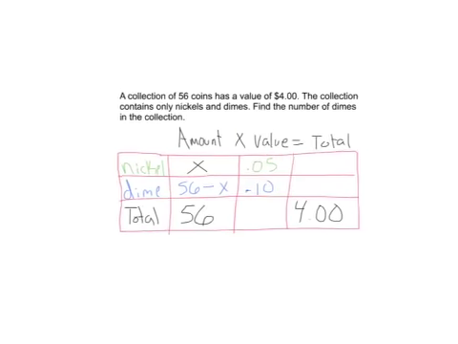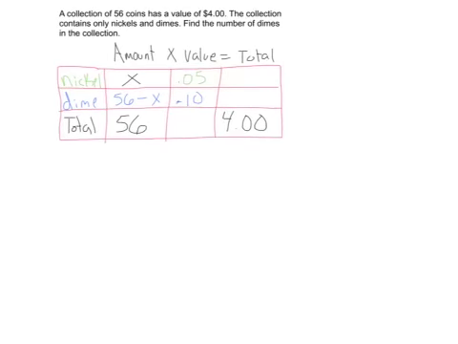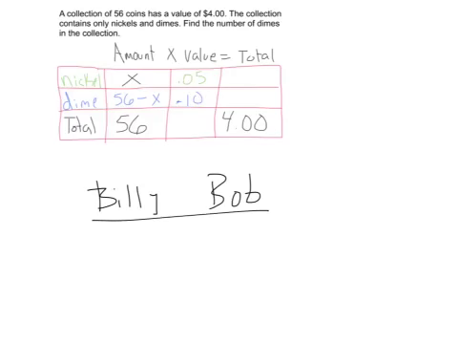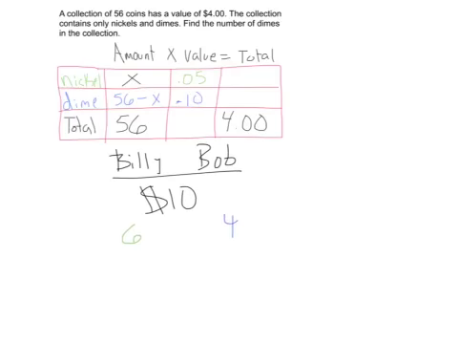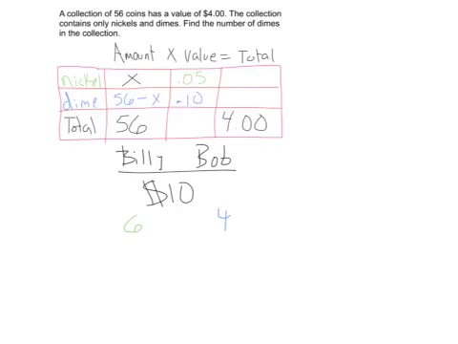If that doesn't make sense, let's go ahead and take an example. Let's say that Billy and Bob both have $10. Let's say Billy has $6. Well, you know that Bob would have $4. And we could say this is the same thing as 10 minus 6, that would give us 4.